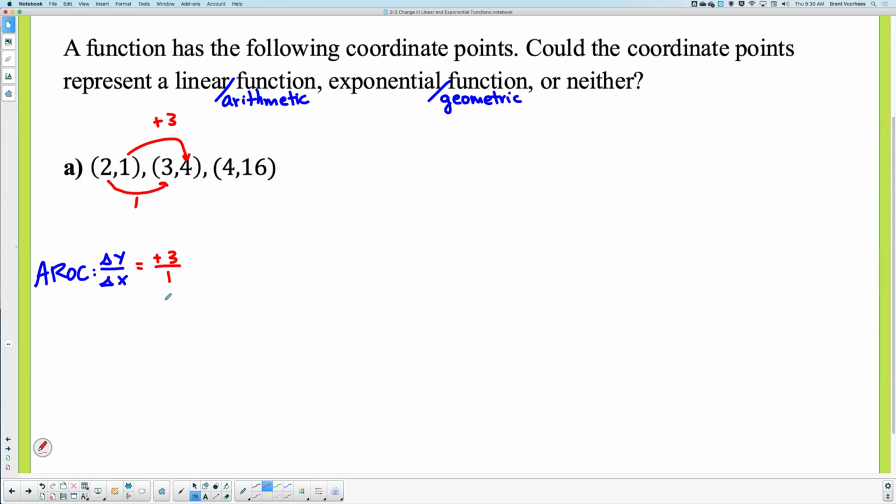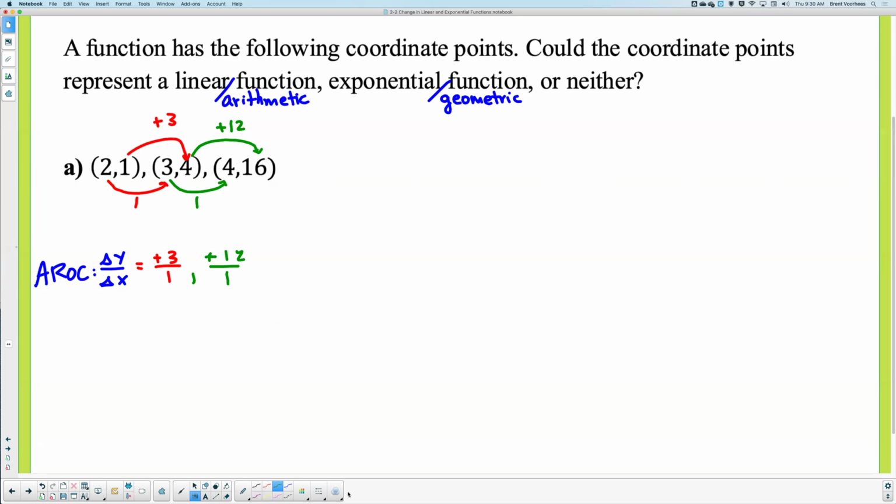Now, I can do AROC one more time. Let's now look between the second and third point. So said another way, how much does my y2 increase by to become y3? It increases by 12. Now, how much did my x2 increase to become x3? 1. Okay, so I had the first AROC of 3 over 1, and my second AROC is 12 over 1. Okay, first observation you could make when you look at this is whether or not it's linear or arithmetic.